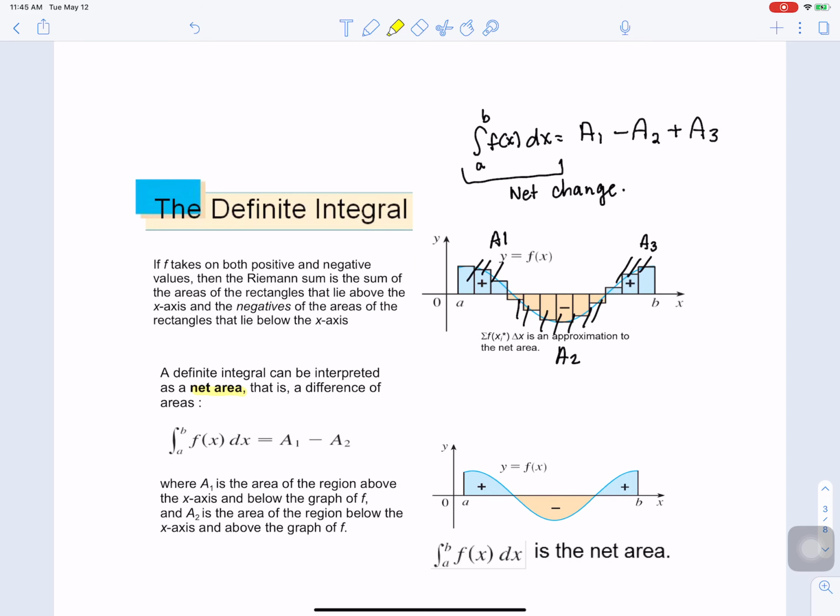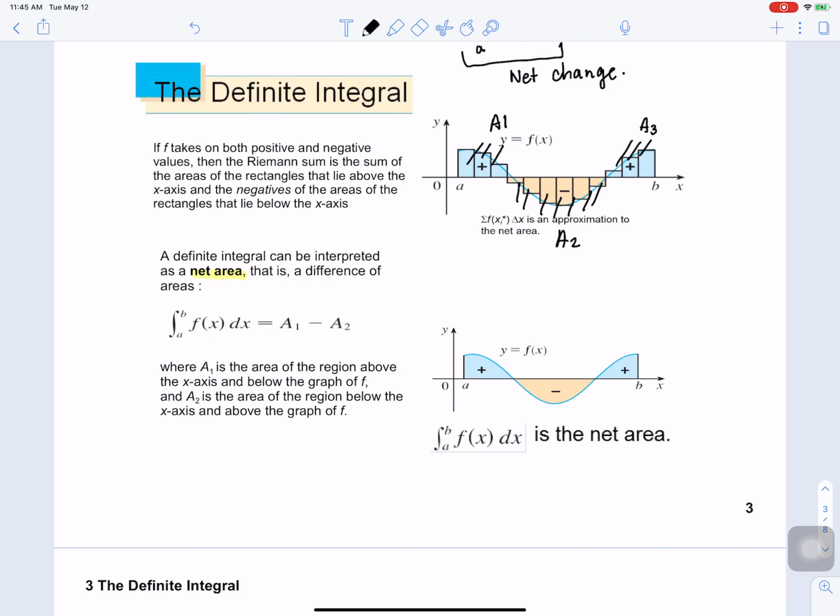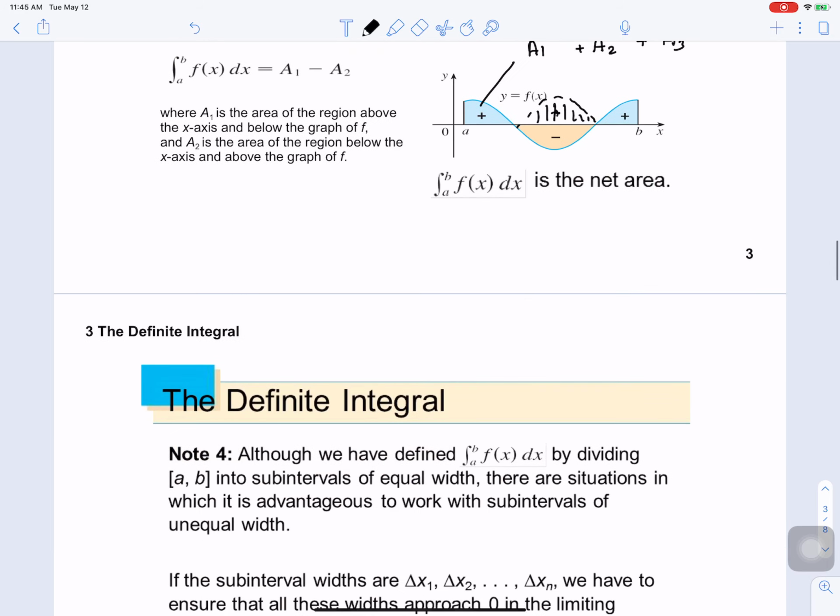If I was interested in doing the total distance or total area, then I would have to take this number, add on that number, and add on the last number, but I would need to take this area, reflect it to make it positive, but take the same value. Okay.